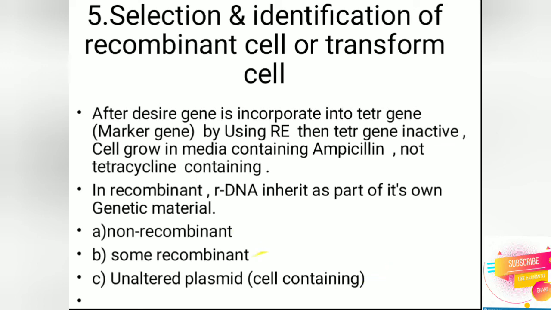Recombinant means our desired DNA is present in them and is also expressed. Non-recombinant means our desired gene is not introduced into the cell, so that cell does not produce our desired product. Unaltered plasmid means the plasmid is present in the cell as it is and does not do anything, just a waste, we can say.